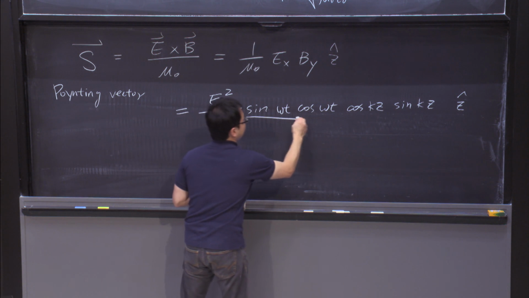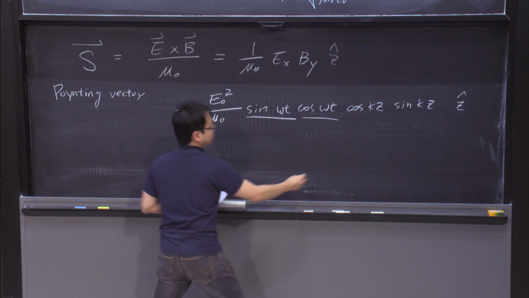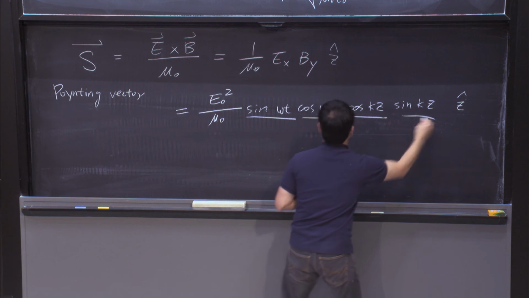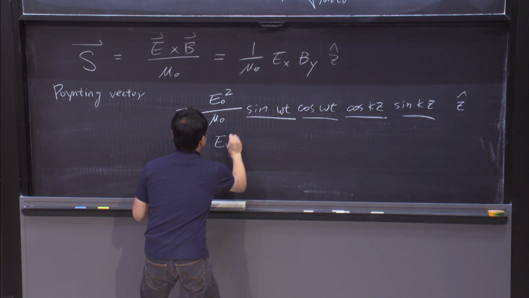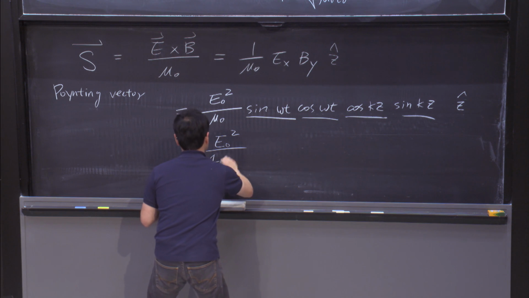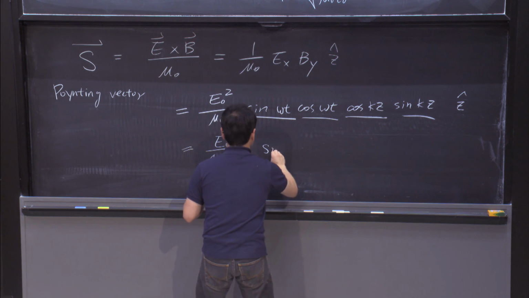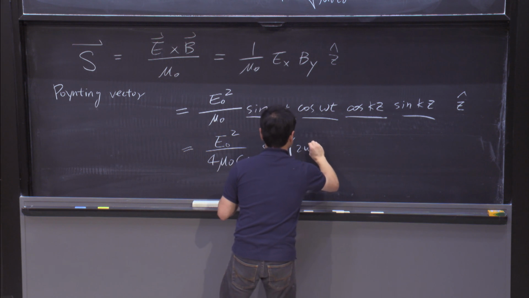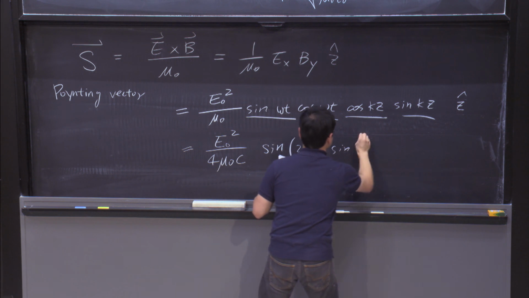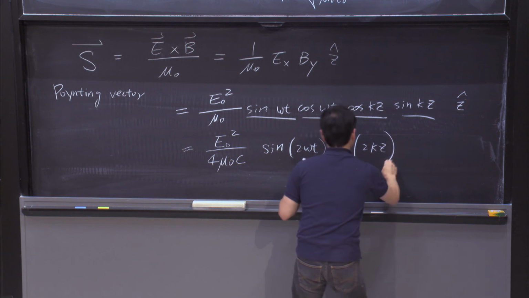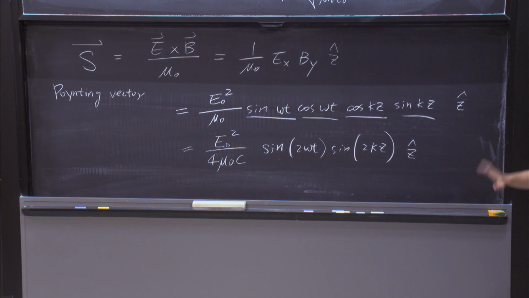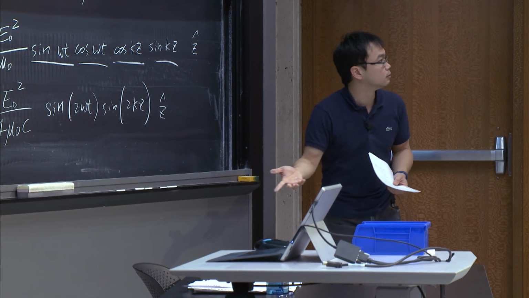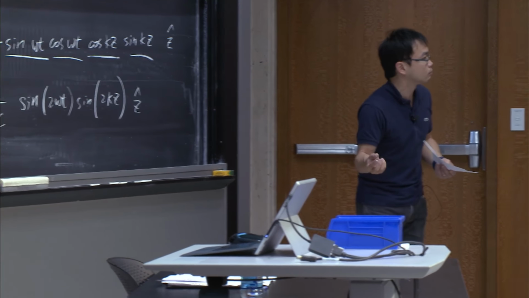I have the cosine sine cosine, and I'll also have cosine sine, right? Basically, you can simplify this expression and get E0 squared divided by 4 mu 0 c, sine 2 omega t sine 2 kz, in the z direction. Okay, so you can see that the directional energy flux is in the z direction.